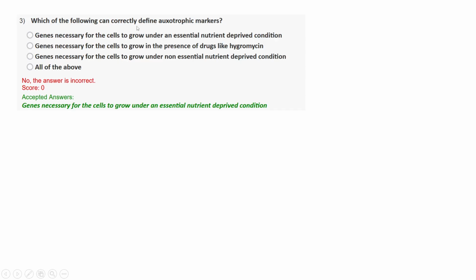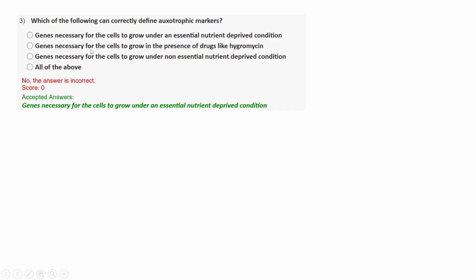The third question is: which of the following correctly defines the auxotrophic marker? As we discussed, auxotrophic markers are markers present in cells grown in nutrient deprived conditions. The genes which are essential in the nutrient deprived condition, the genes which code for the essential nutrient, are called auxotrophic markers. The first option is a gene necessary for the cell to grow in an essential nutrient deprived condition.